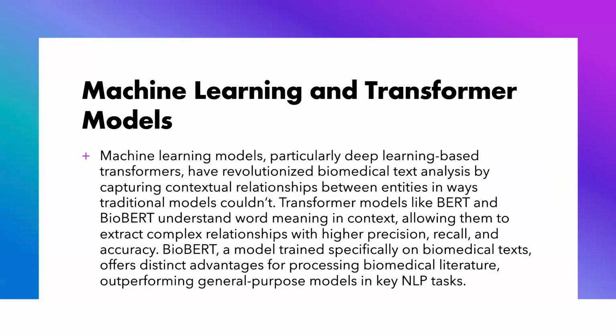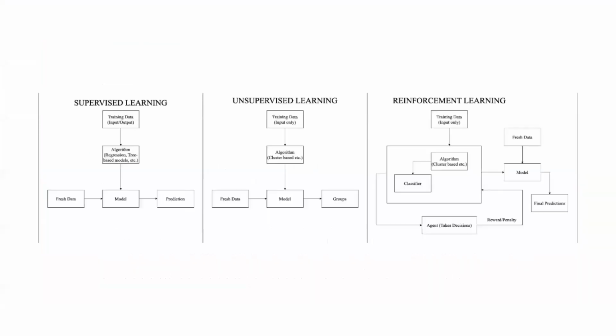It will perform better. I've read many papers on it. My paper also showed that BioBERT outperformed BaseBERT and RoBERTa and some other models that we also tried. Now, like I said, BioBERT, a model trained specifically on biomedical text, offers distinct advantages for processing that kind of literature.